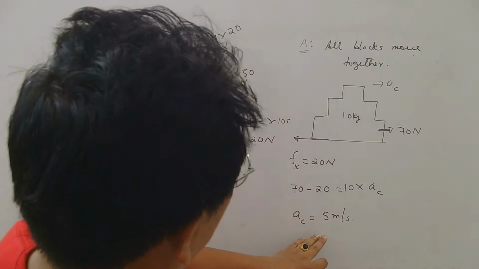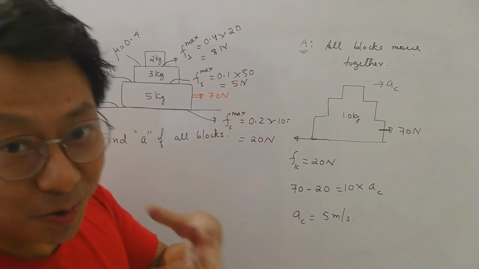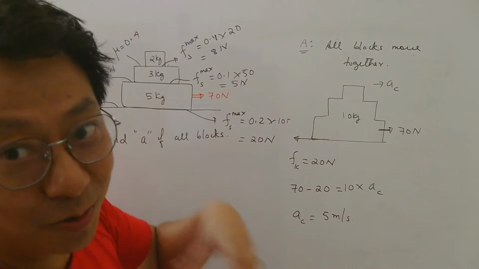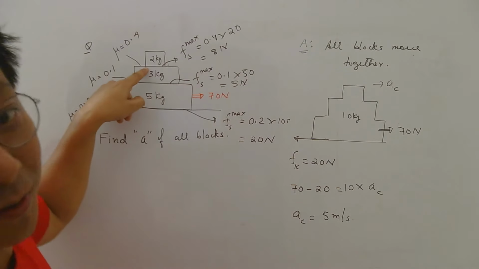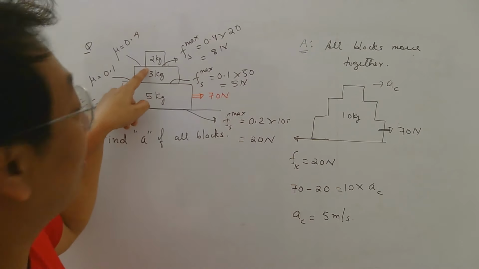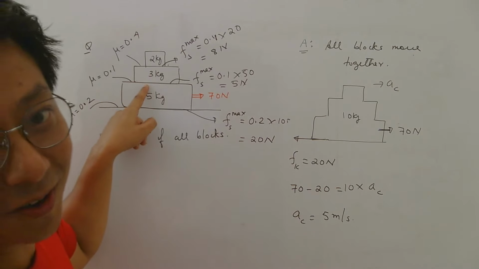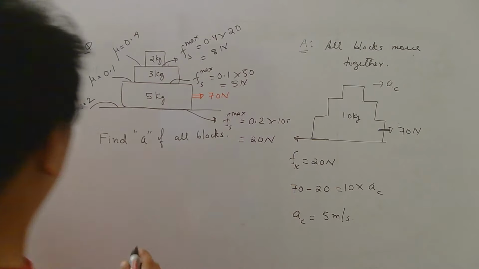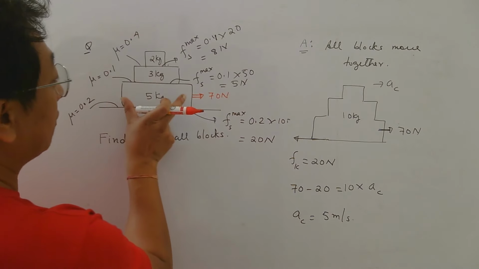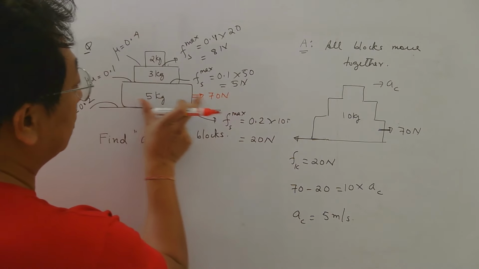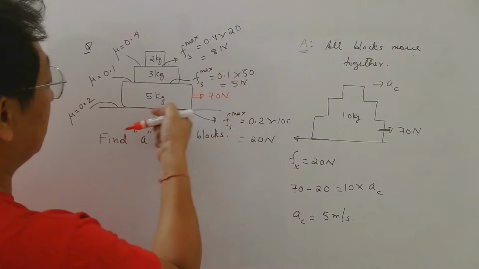Now we have to check, right, whether they are moving together or not. This is just an assumption. Now to check they are moving together or not, we should check whether here friction is static or not, right? So we have to check one by one. So now let us try to draw the direction of friction. So when 70 Newton will try to go this way, friction here will be this side, I told.